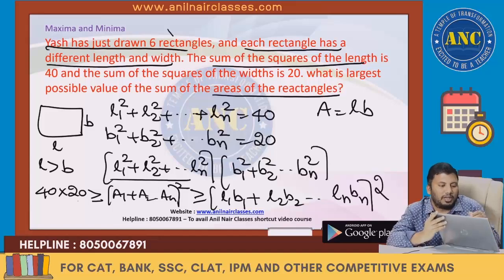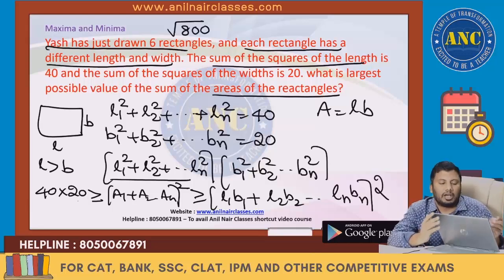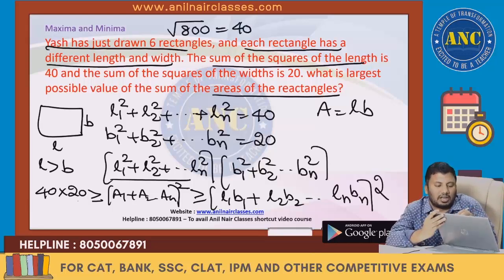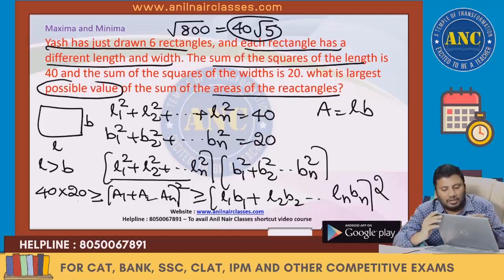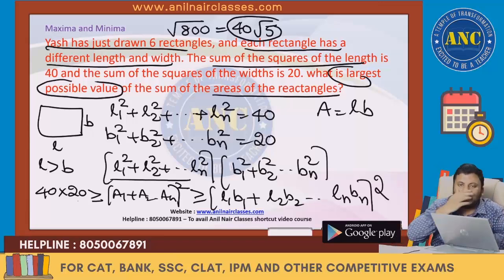So the maximum value will be root of 800. I hope it is clear. So the answer is 40 root 5. What is the largest possible value? If the square comes to the left hand side, it will become root of 800. Root of 800 is 40 root 5. I hope the idea is clear.